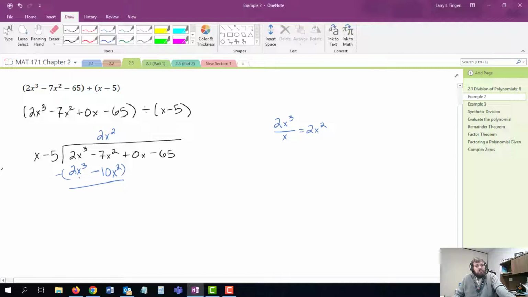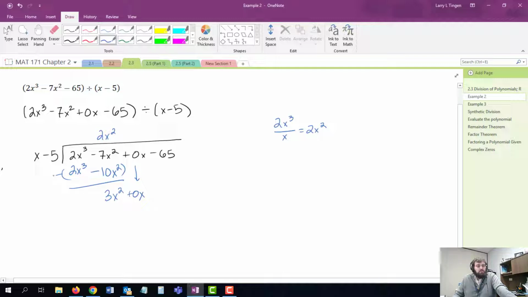Subtract. 2x cubed minus 2x cubed is 0. That's what I wanted. Negative 7x squared minus negative 10x squared becomes plus 10x squared. Negative 7x squared plus 10x squared is 3x squared. I only have one term now. Bring down the next.